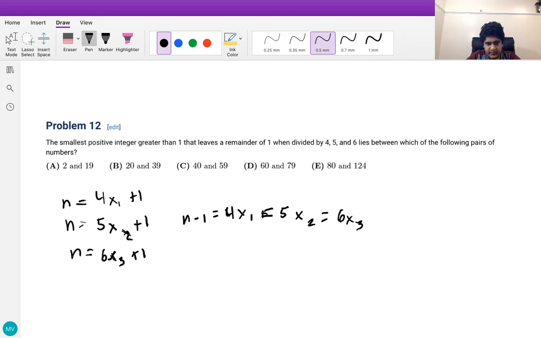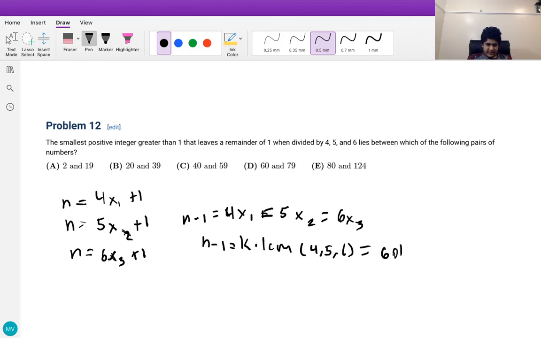This just means that n minus 1 is a multiple of the least common multiple of 4, 5, and 6. So we'll have this be k times the least common multiple of 4, 5, 6. And this least common multiple is just 60, because 60 is divisible by 4 and 5 and 6. So since 60 is divisible by 4, 5, and 6, we know that n minus 1 is equal to 60k.